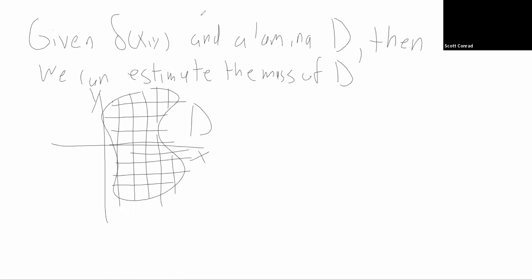So if we look at each one of these pieces, we're going to pick one point. Say x_ij, y_ij in rectangle ij.